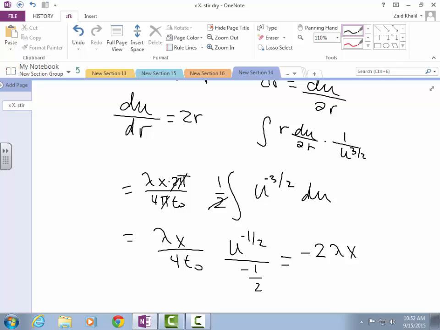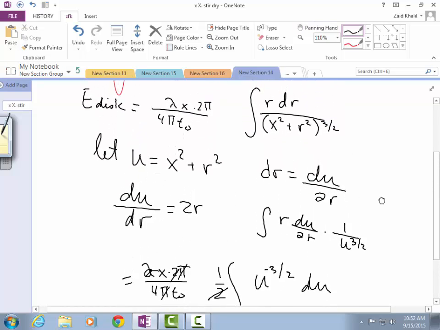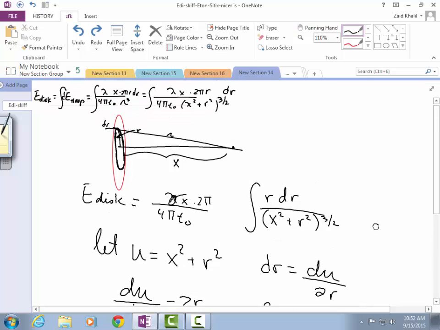So sigma, sigma, sigma. Because it's a disk, it's a surface. Even in the final answer, it's all going to be in terms of sigma.